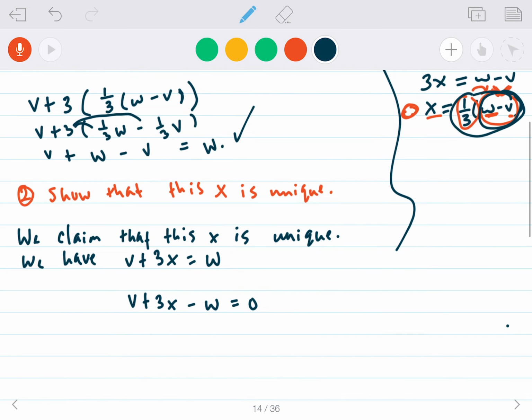And then I can divide everybody by 3, and by commutativity, I can rearrange these, giving me (V minus W) over 3 plus x equals 0.